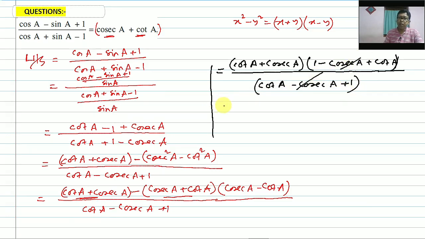Okay, so now you are getting cot A plus cosec A.